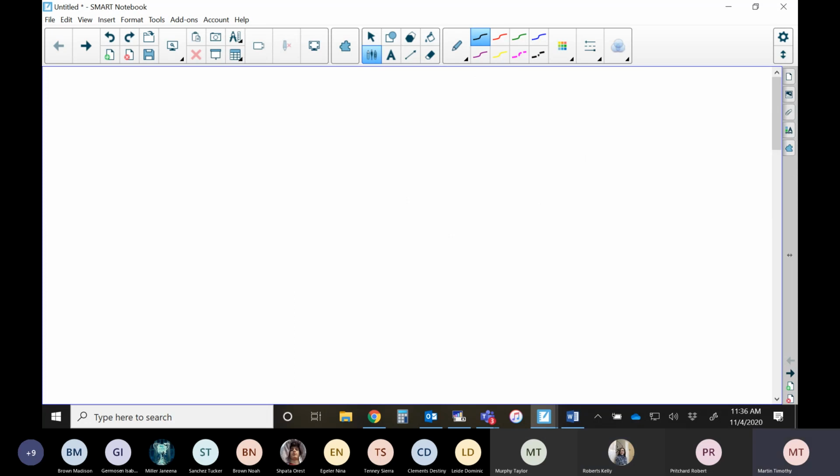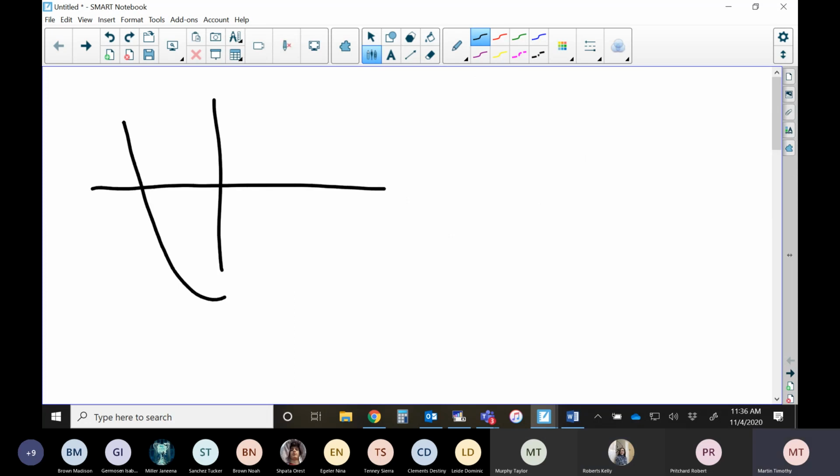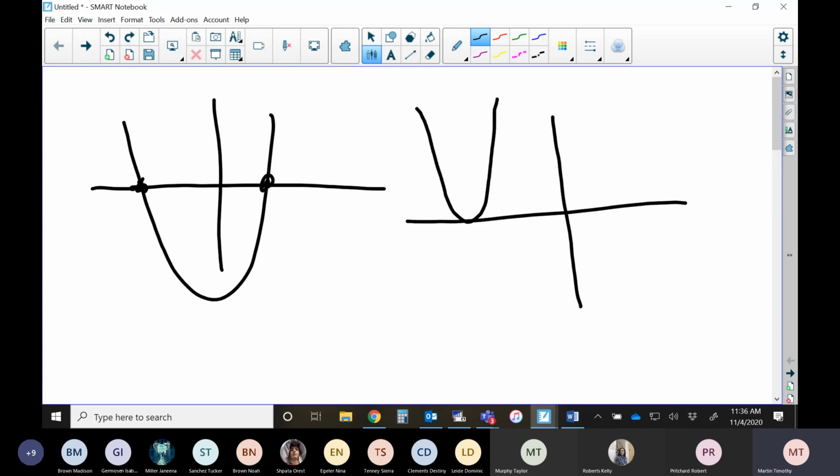Well, let's look at this. How many x-intercepts does this equation have? 2. 1 here and 1 here. Janina, how many x-intercepts does this one have? 1. Good. How many x-intercepts does this one have, Annabella?